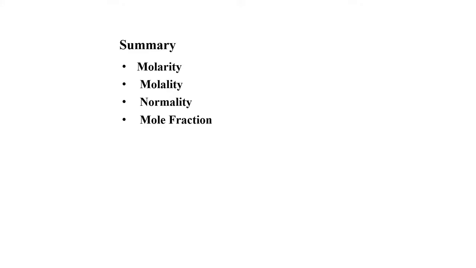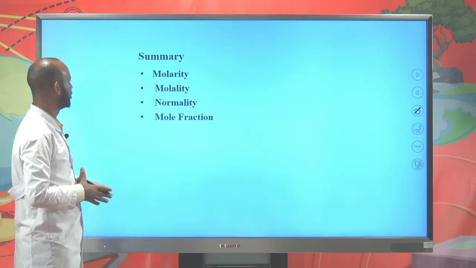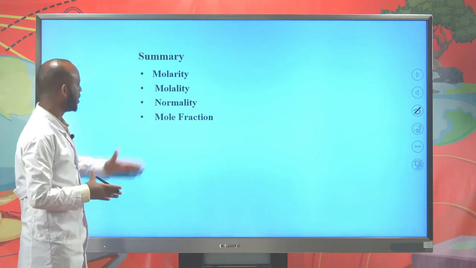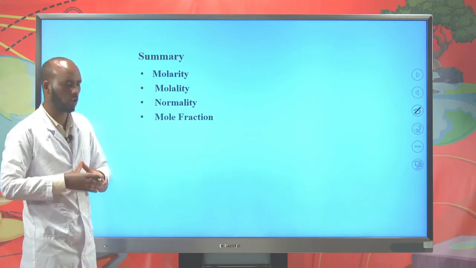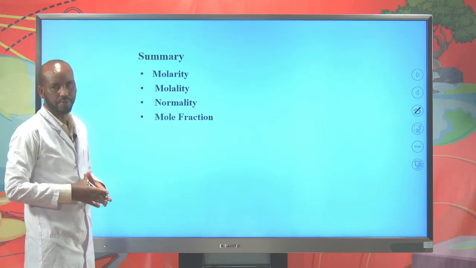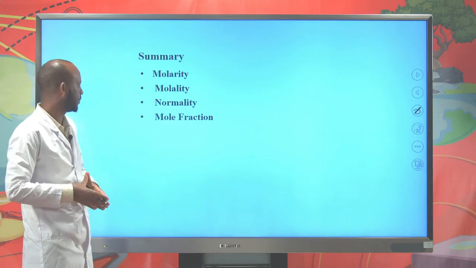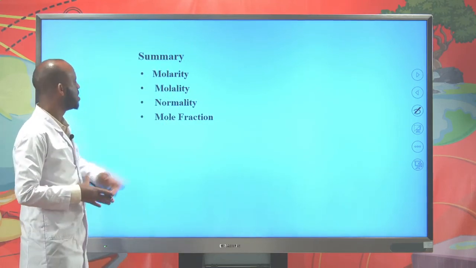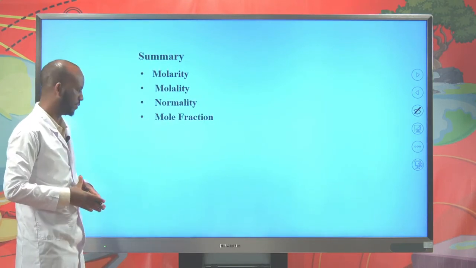Students, in today's lesson, we learned about molarity of the solution. Molarity is defined as number of moles of solute per liter of solution. Molarity is one way of expressing concentration of a solution. Molality of the solution is defined as number of moles of solute per kilogram of solvent.